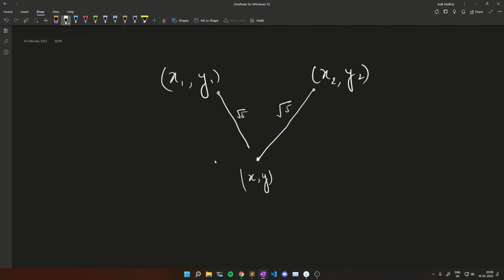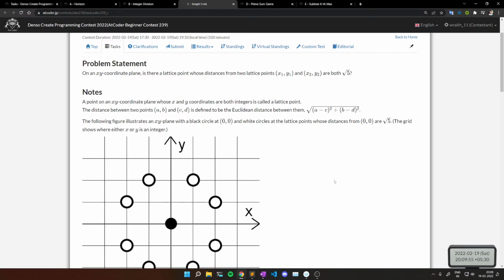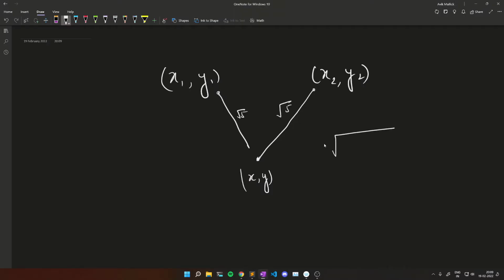Now how can we find the distance between 2 points? The formula is given here. This is nothing but the square root of (a minus c) whole square plus (b minus d) whole square. Now this value has to be root 5, so we can ignore the root.